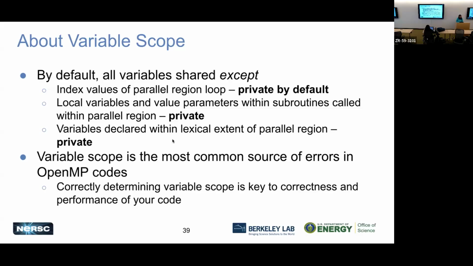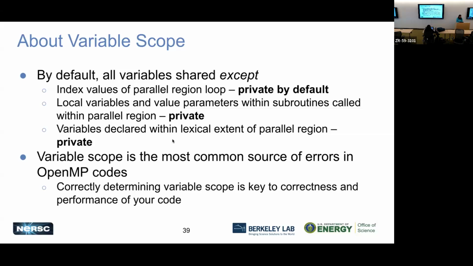Scope is the most common source of errors. OpenMP looks simple, but if the scope is wrong, it's very hard to debug. You get a result, how do you know it's the same? A few ways to check: if you run with 2 threads, 4 threads, and the results are different, likely they're wrong. If you run multiple times with multiple threads and the results differ from run to run, likely wrong, right?